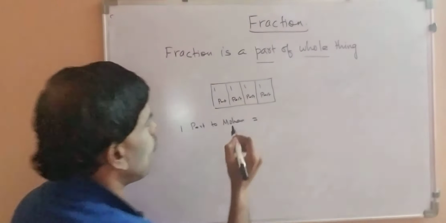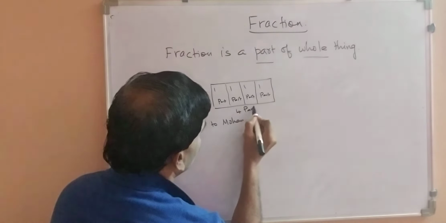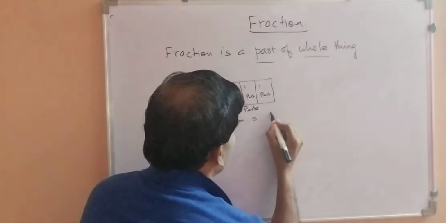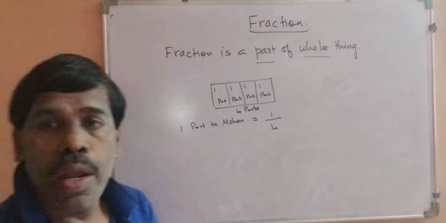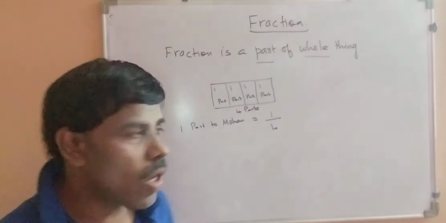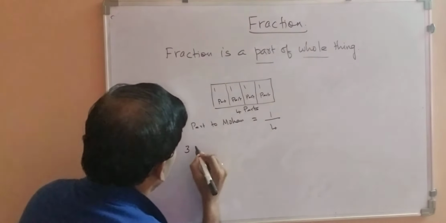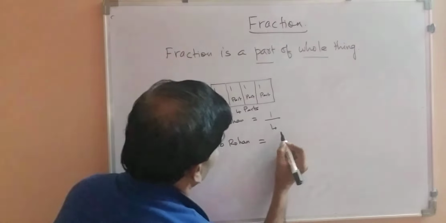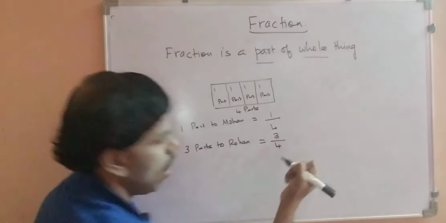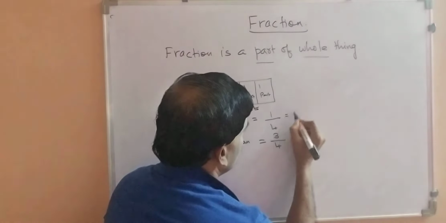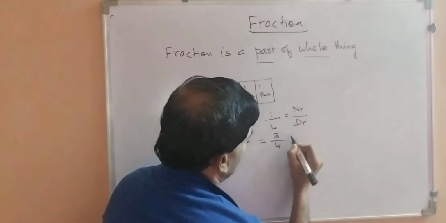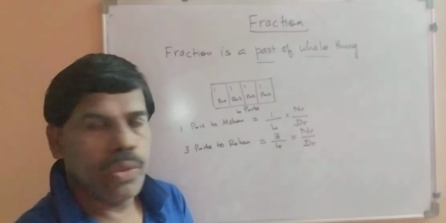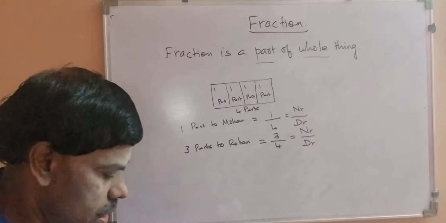Out of 4, I am going to give 1 to Mr. Mohan. So it is 1 upon 4. Now, I am going to give 3 parts to Mr. Rohan. How many parts am I giving? 3 upon 4. It is the numerator, it is the denominator. So, this is what you call a fraction.